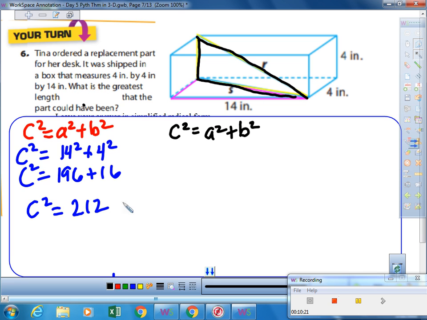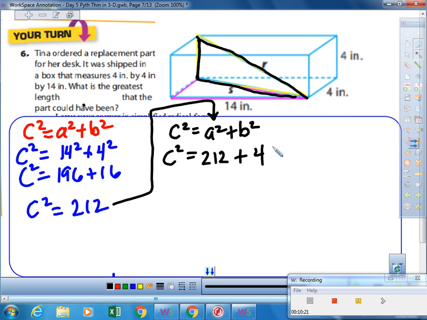I already know what S is, and it's already squared. So I'm going to just substitute it right here for A. What is B? What's this other side right here? It's the same as over here. So 4 squared. That side still needs to be squared.